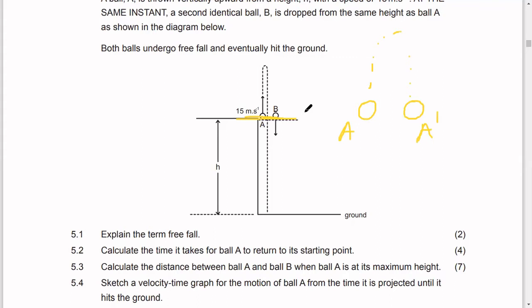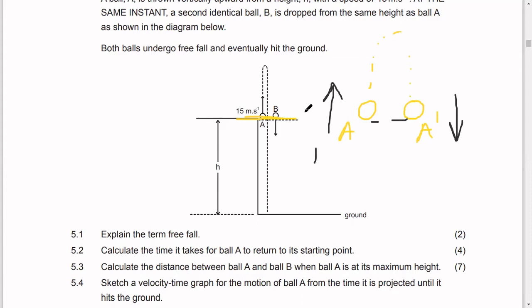The rule is, if you have an object being thrown upwards, as it returns to its starting point, it has a velocity that is equal in magnitude but opposite in direction.